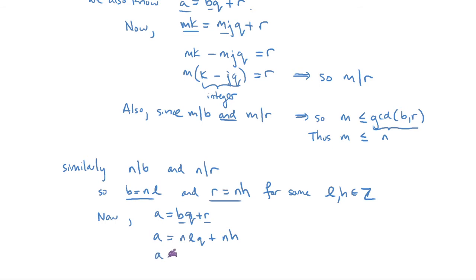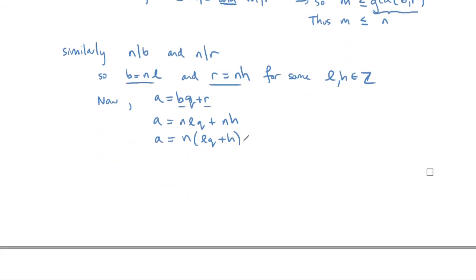And look, I already have that n is a factor here, so I can write n(lq plus h), and this is an integer, right? So it looks like we're not really doing anything, but we actually are. Look at what you actually get. You get n is a divisor of a. So n divides a.